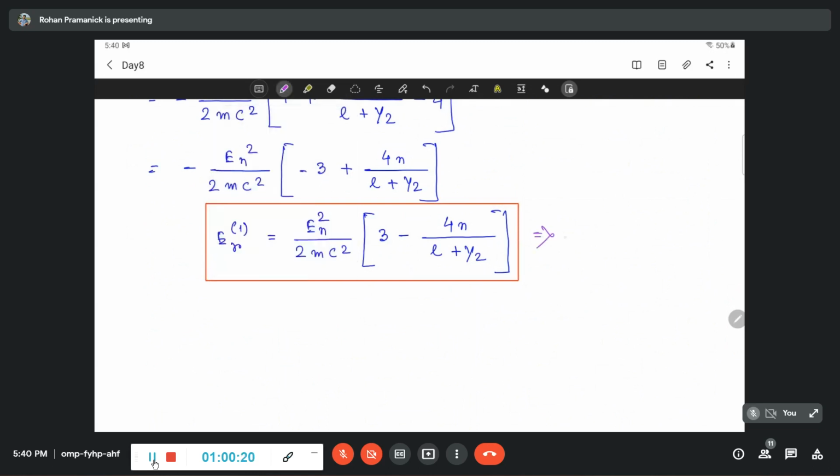So this is the first order energy correction due to relativistic motion of the electron.